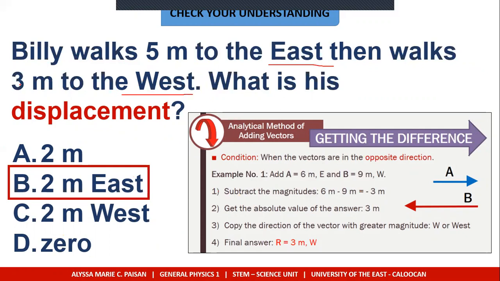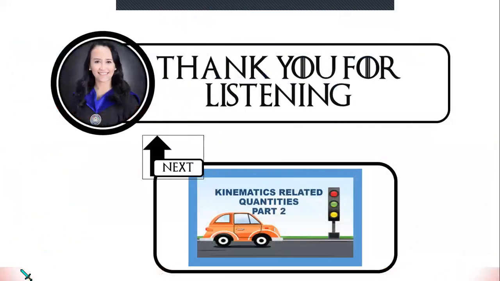So that's 5 minus 3, 2. A to C, all the numbers are 2. So how do we determine the direction? To get the direction, we copy the direction of the vector with higher magnitude. Since 5 is obviously greater than 3, we copy the direction of 5, that is east. That's why our answer is letter B.